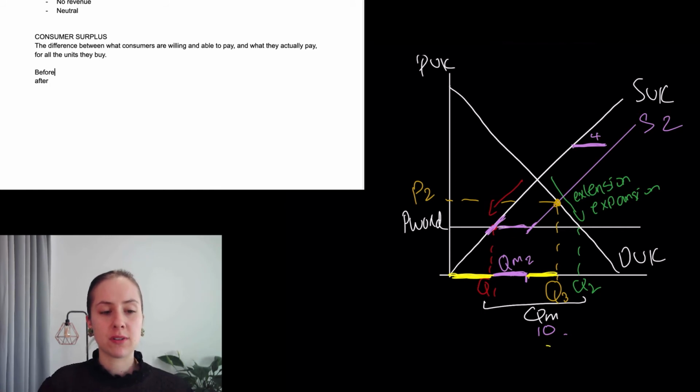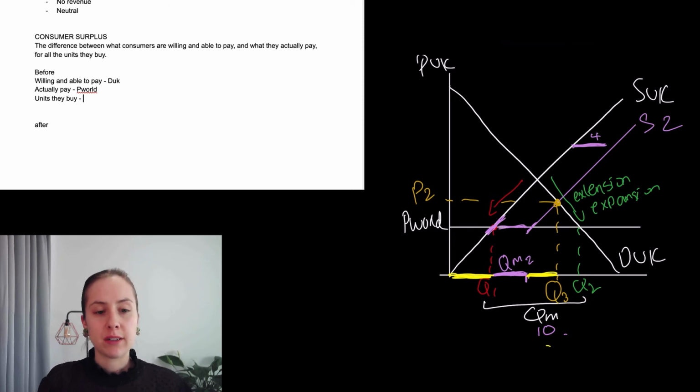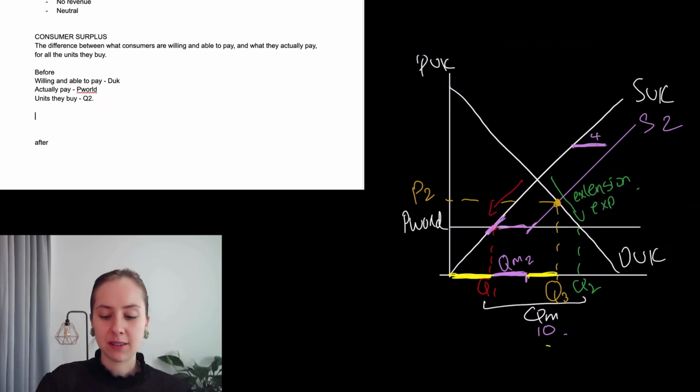So before the quota, what they were willing and able to pay is shown by the demand in the UK. And what they actually pay is shown by P World, and the units they buy, they were able to buy either from the world or from the UK, but they were able to buy Q2. So let's look at this area. I'm going to have to make a little bit of space here.